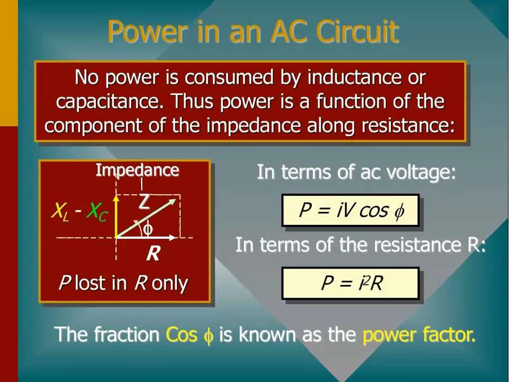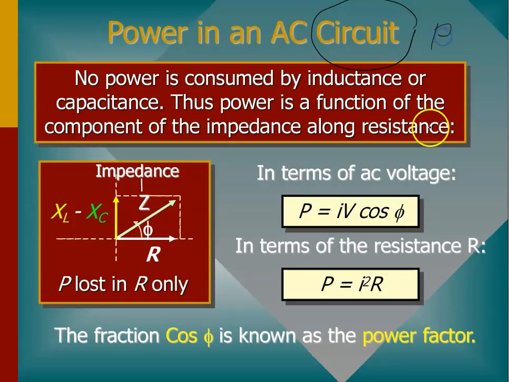Now, the last subtopic before we continue with the transformer is power in AC circuits. Of course, when we talk about circuits, we will automatically talk about power. There is no point in a circuit if we cannot talk about its power. So for power in an AC circuit, when the RLC is combined and added into the AC circuit, the power can be calculated using this equation, where P is equal to I times V times cos theta.